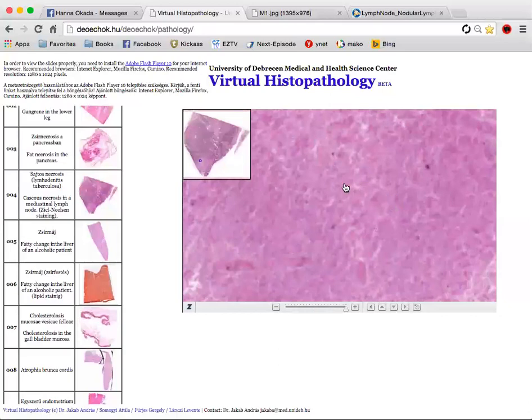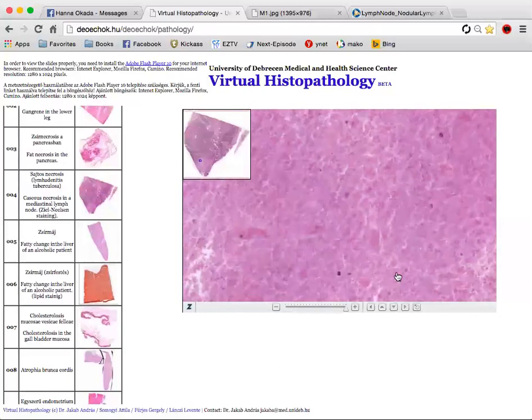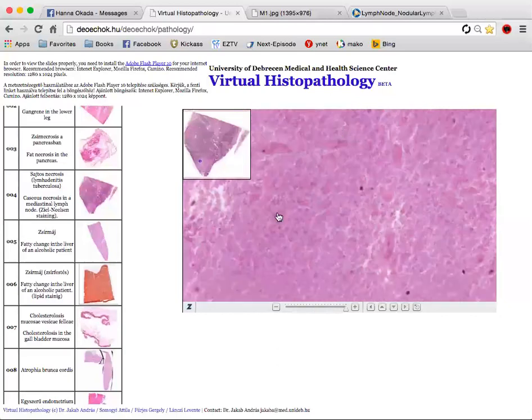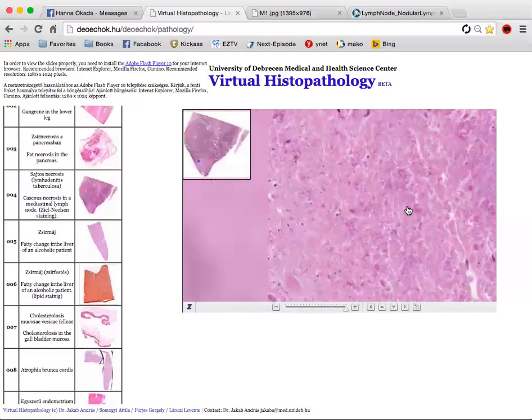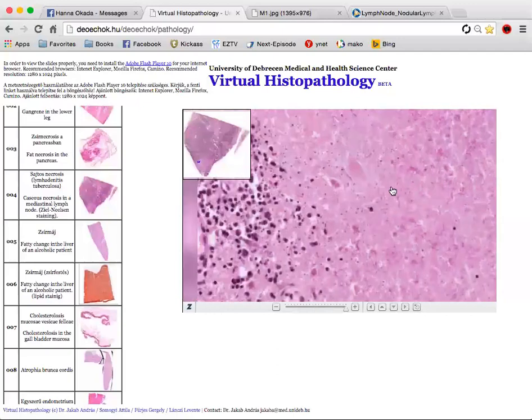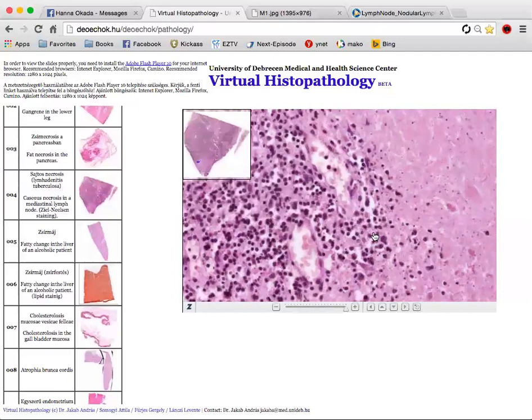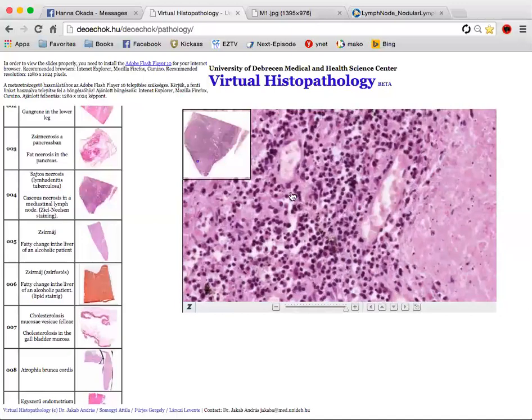So everything in this area is dead. It has maybe cellular debris, maybe some bacteria in it. I'm going to show you another slide that shows the bacteria really well. Here you can't really see them, but this whole thing is walled off by these immune cells.